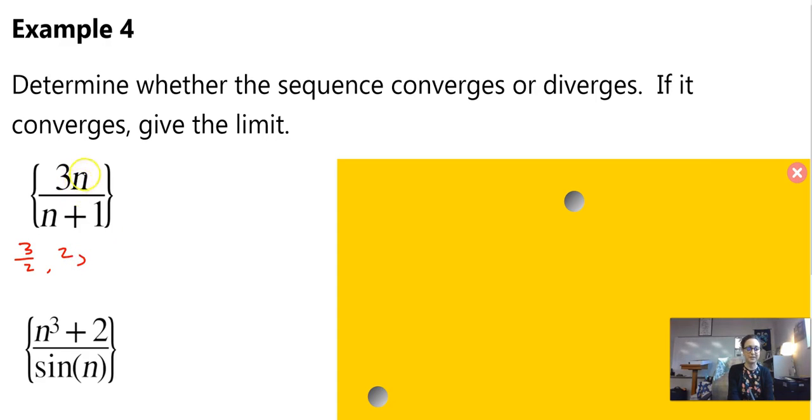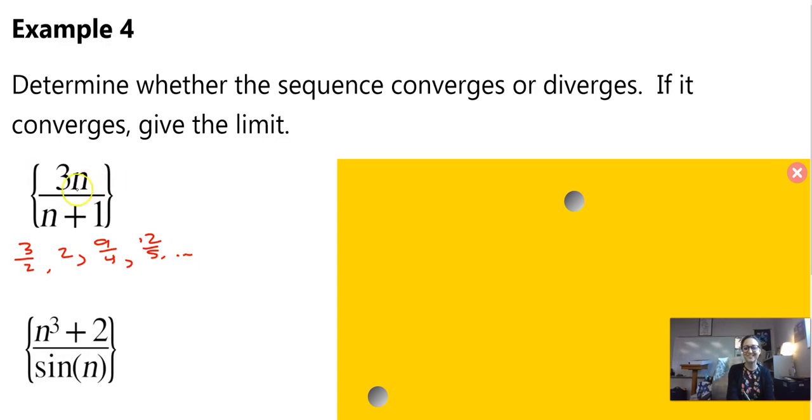If I plug in a 3, that'll be 9 over 4. If I plug in a 4, that'll be 12 over 5, etc. But remember, sequences can really be thought of as functions. So what I'm trying to do is take the limit as n approaches infinity of this. And if we write our first few terms out, sometimes it's not really clear. Are we approaching a certain number or not?